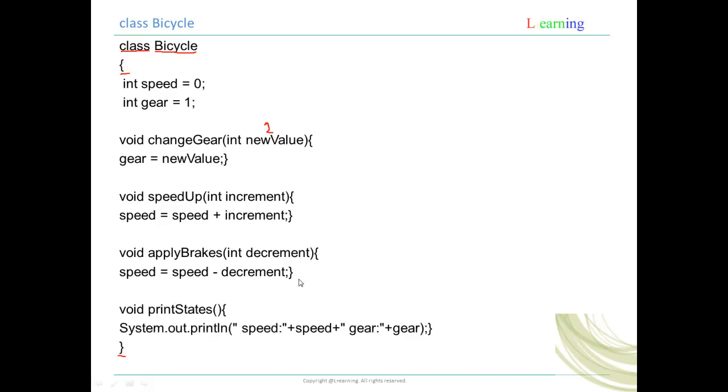Finally, we have written a method called print states. Print states will print the speed and the gear. Now this is the blueprint, class bicycle. Now we'll create an object out of this class and see how it works.